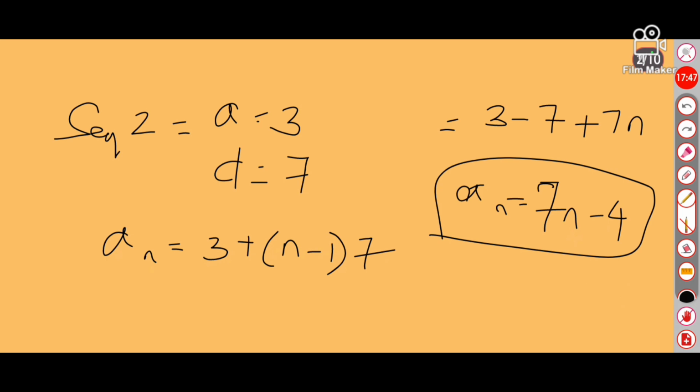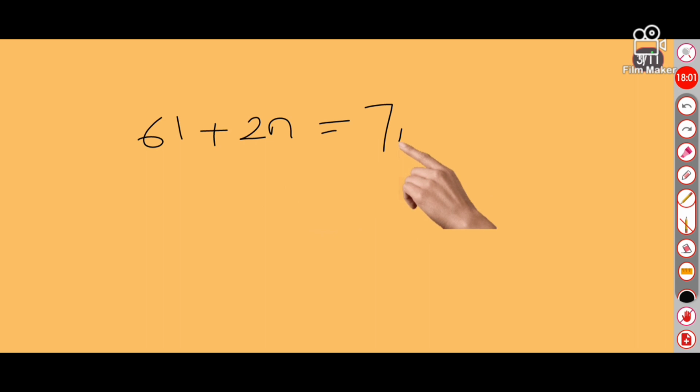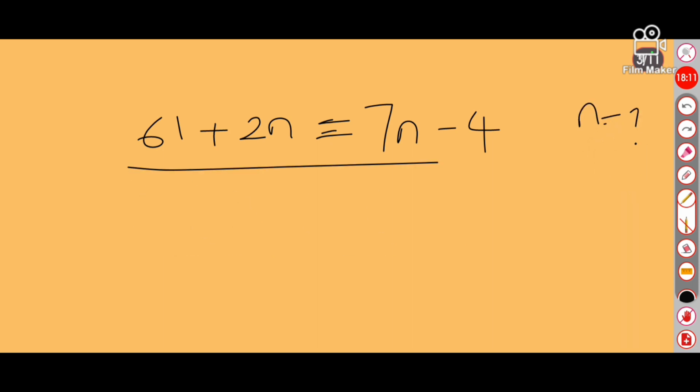They have given in the question that the nth terms of the two APs are equal, for what value of n. So with this we can arrive at 61 plus 2n equal to 7n minus 4. With this given condition, we need to find the value of n. For this condition, what is the value of n is the question asked, right?